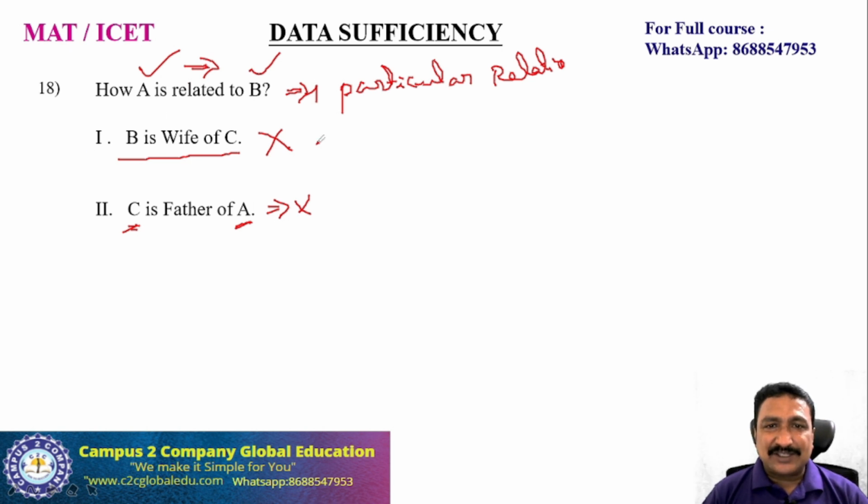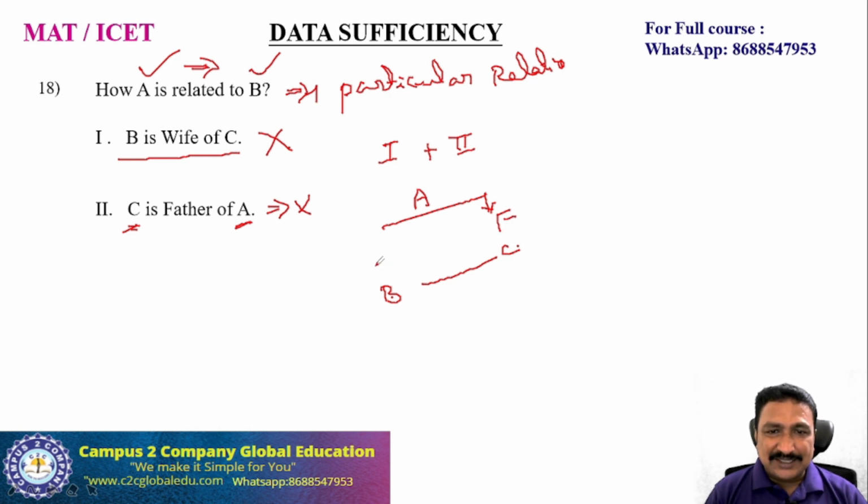When we combine the first statement and the second statement, we can say C is the father of A. If you take A, the father is C, but we don't know the relation between A and B. And from the first statement, B is the wife of C, so C and B are husband and wife. Here C is the father, B is the mother.